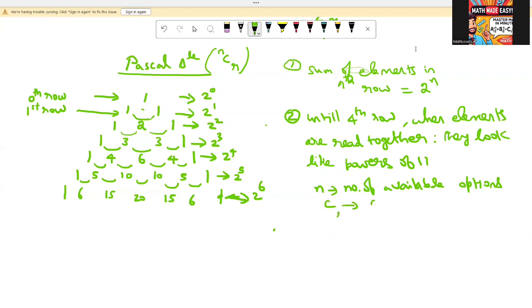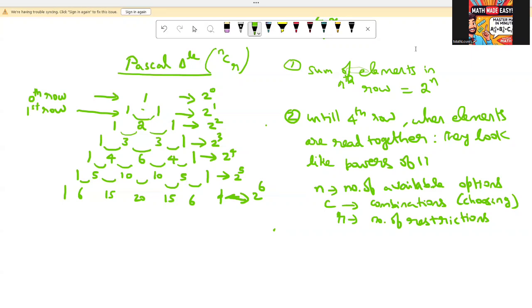C is choosing, or number of combinations. We can remember it as choosing. And R is the number of restrictions, like how many to choose.